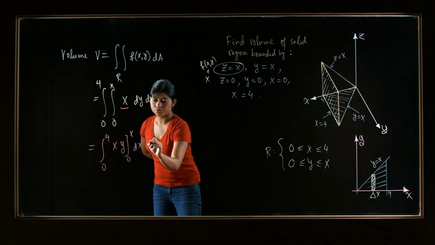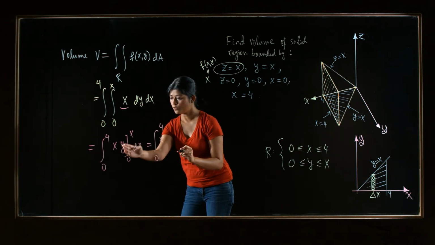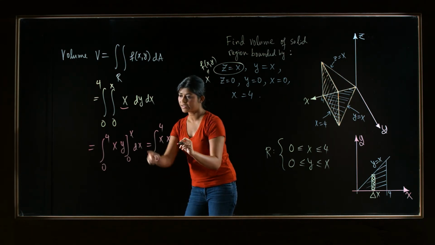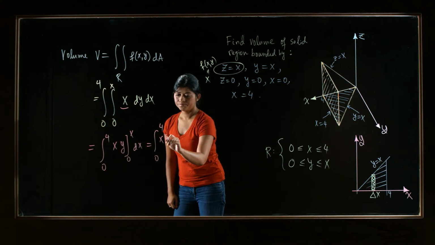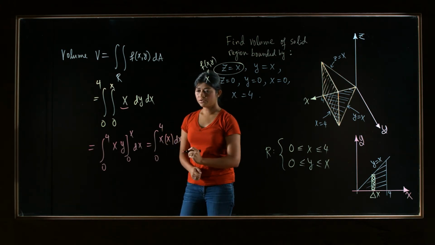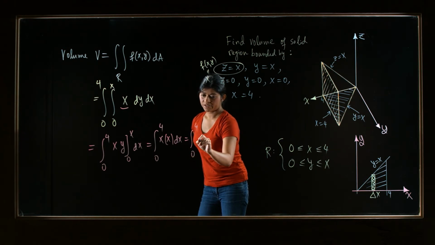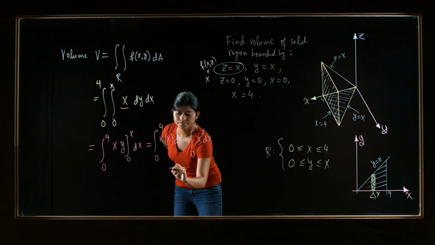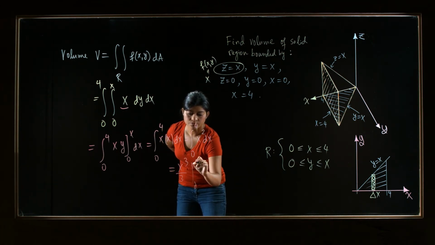So this is equal to, keep x as it is. For y, plug in x and then plug in 0. When you plug in x, you just get x, but when you plug in 0, you get 0, right? So this is just x times x, which is x squared dx, and the antiderivative is x cubed over 3 from 0 to 4.